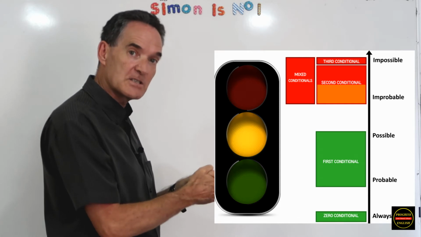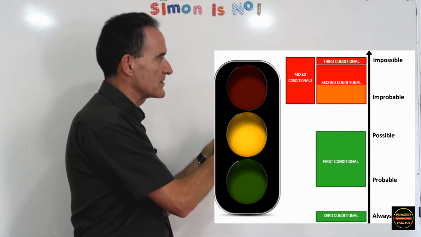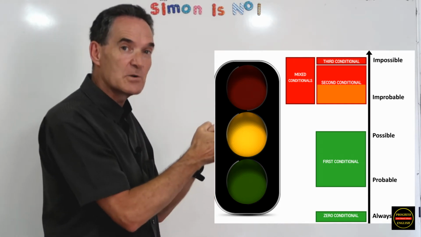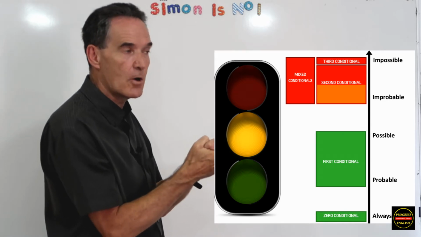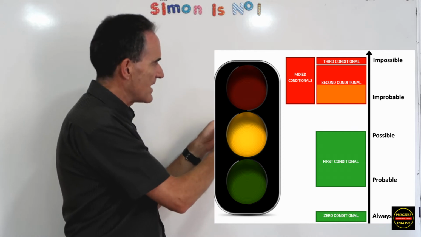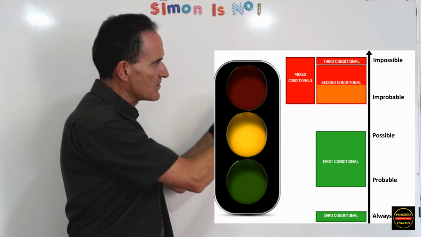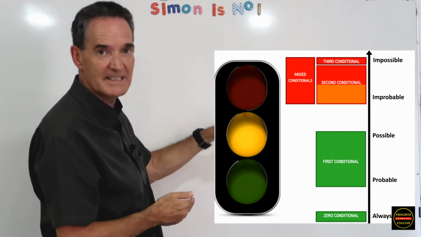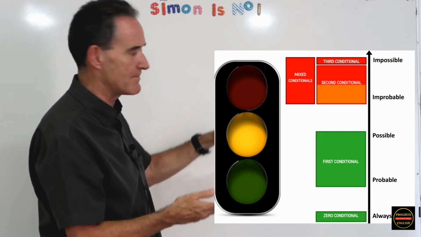But the difference with the first conditional is that the second conditional is talking about improbability or impossibility in the future. So this is why we have the second conditional half, you can see, in orange or amber.